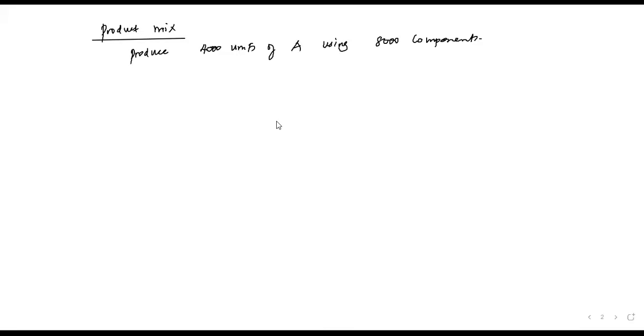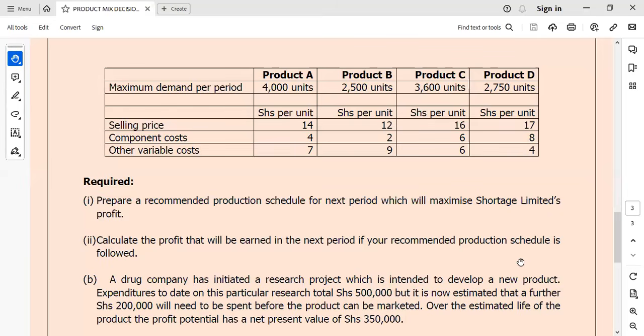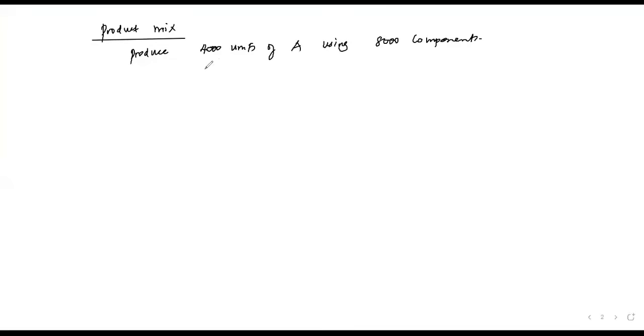Then the second product is product C. What is the demand for product C? Let's try to find out the demand for product C. That is 3,600 units. So produce 3,600 units of C using how many components?